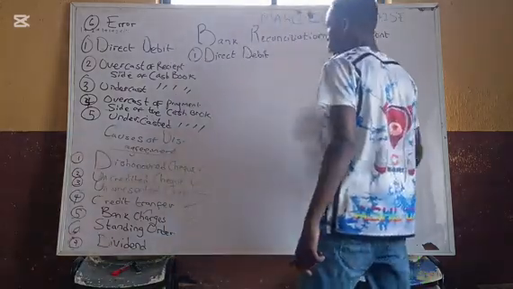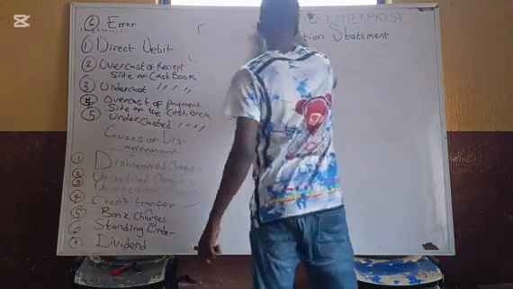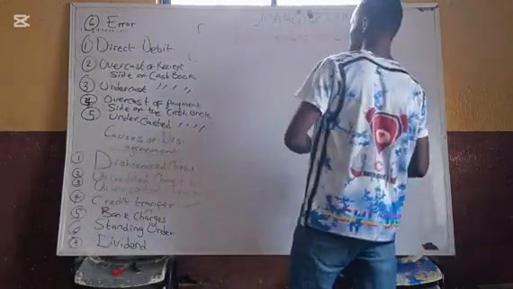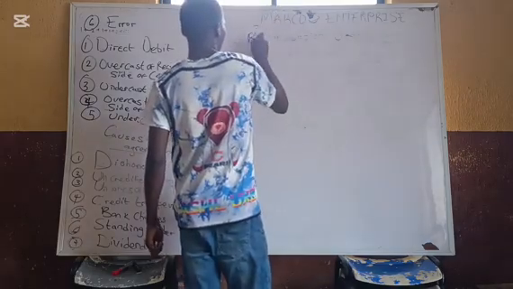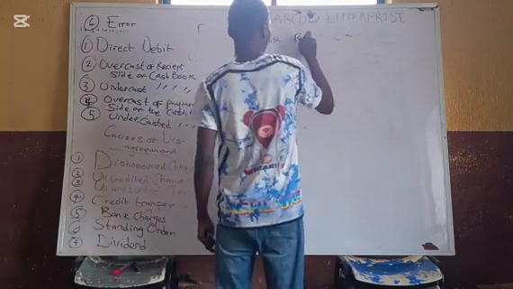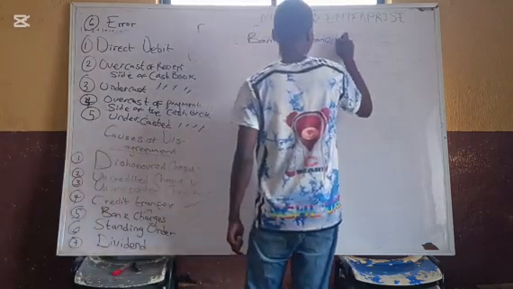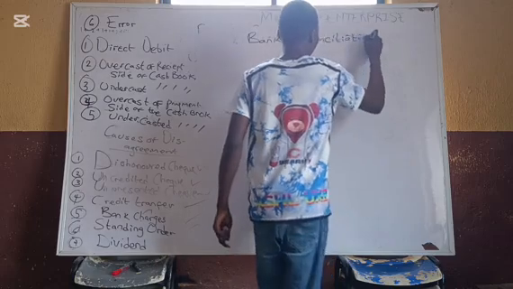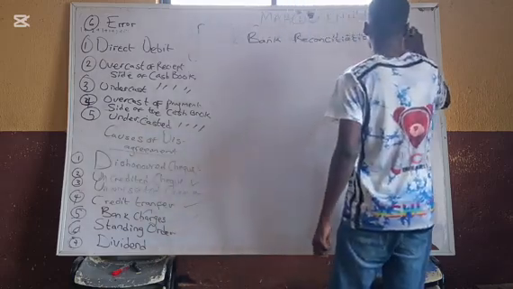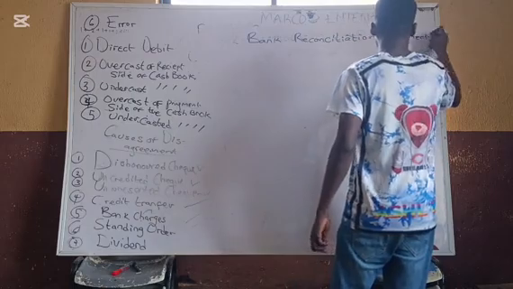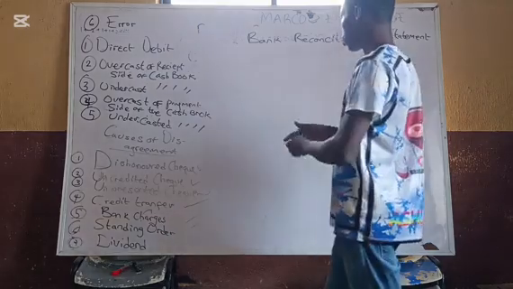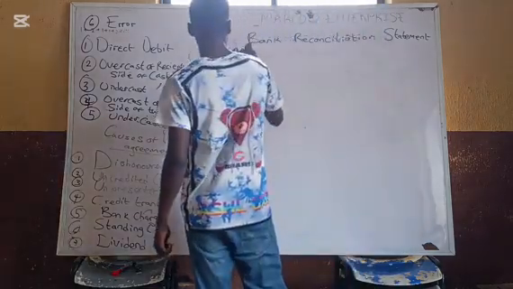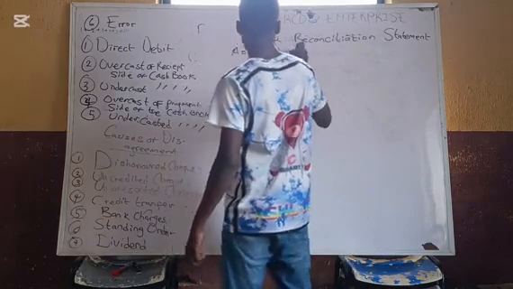Now let's look at the comprehensive format of the bank reconciliation statement. So now we have bank reconciliation statement. When preparing your account, don't forget you are going to write this in full as at what year.